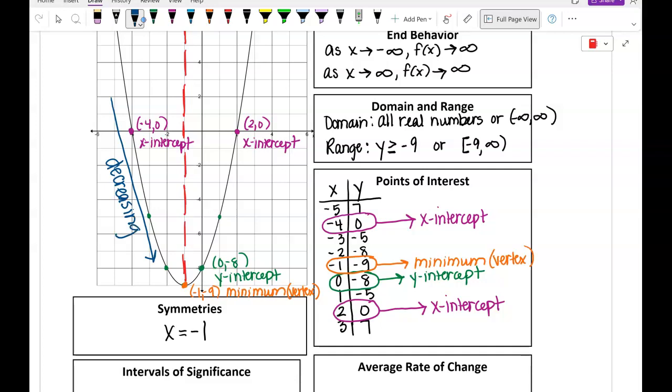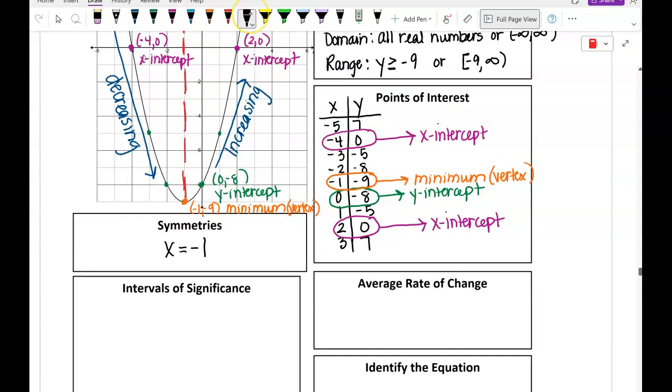It decreases until that vertex or minimum point, and then at that point my graph is increasing. Obviously if my parabola opened down, my increasing and decreasing would flip sides.